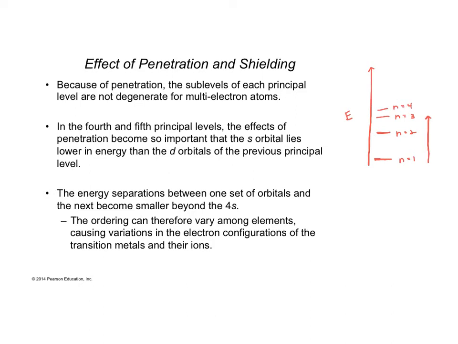The energy difference between these levels got smaller and smaller. That's going to manifest itself when we actually start putting our electrons into orbitals, okay? So as we get up to n equal to 4 and n equal to 5, we're actually going to start to see mixing between these orbitals with respect to who comes next in line, okay?